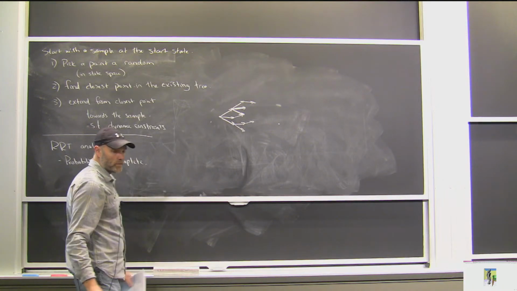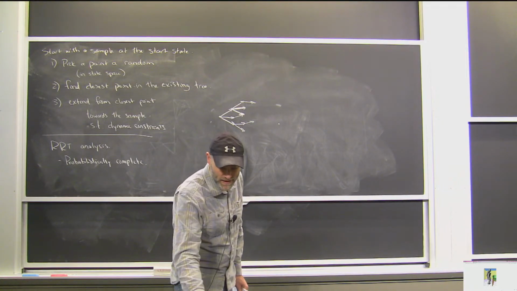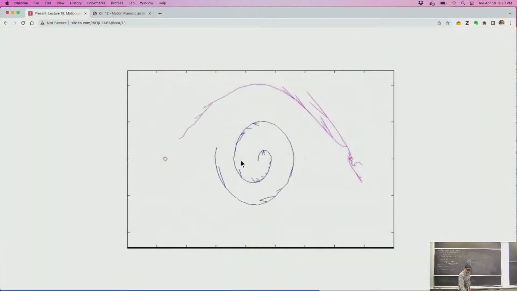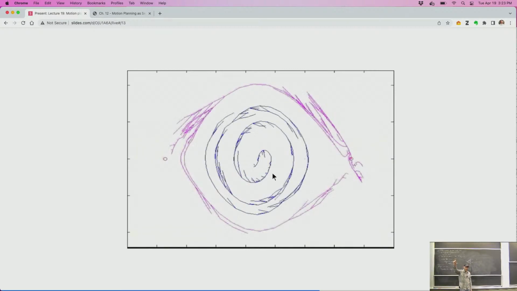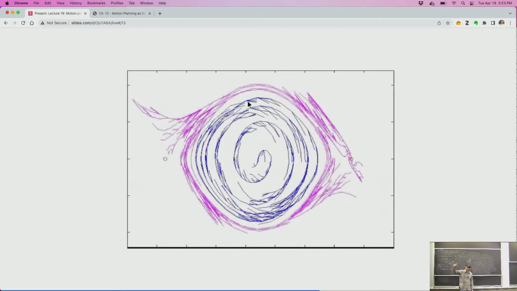Okay, so does this work for the pendulum? I still didn't answer the basic question. Does this work for the pendulum? The answer is yes, this works for the pendulum. So if you start growing an RRT using pick the closest point, expand towards it, even though the distance metric is bad in the way that I drew, it will eventually grow from enough different places and try to extend out in enough different ways that it will eventually grow up and fill the space in a way that once again finds, I think another litmus test for me is, does it find the eyeball, right?